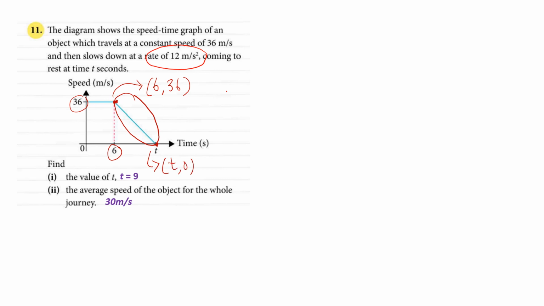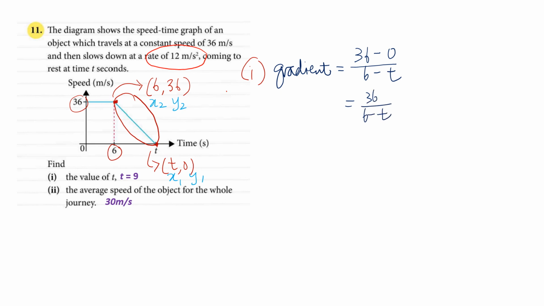How do you find the gradient of this line that I've circled? It's just y2 minus y1 over x2 minus x1. You can label these as x2, y2, x1, y1. The gradient will be equal to 36 minus 0 over 6 minus t, which gives you 36 over 6 minus t. This value is equal to negative 12.